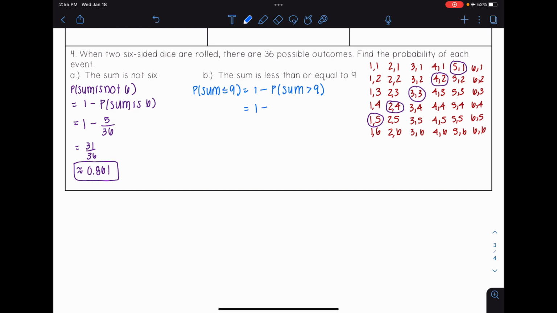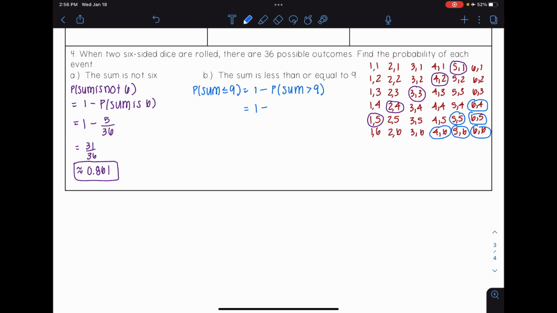So I'm going to look and see which of these sums are greater than 9. I see 6 plus 6 is greater, 6 plus 5, 6 plus 4, and 6 plus 3 is equal to 9, so I don't include that. I see 5 plus 6 is greater than 9, 5 plus 5, and 4 plus 6 is greater than 9.